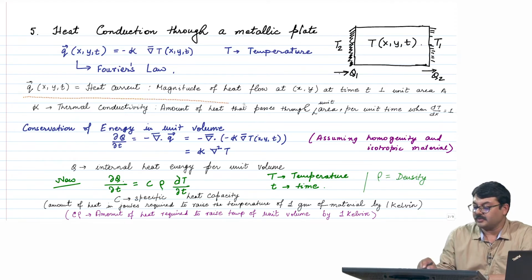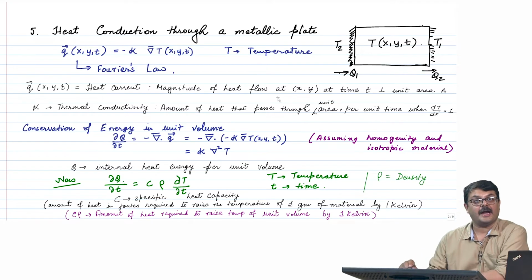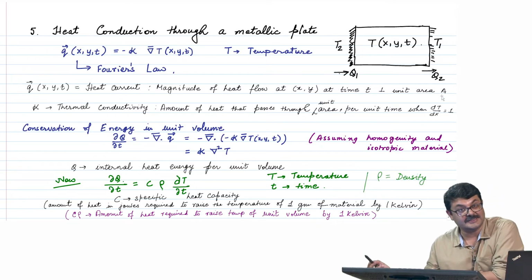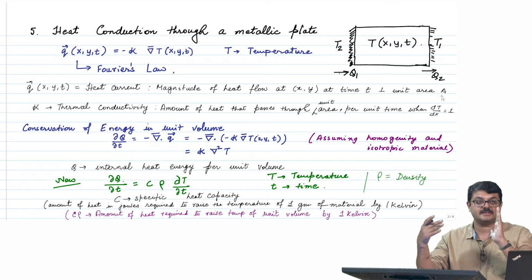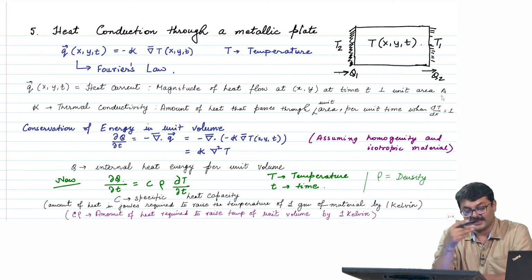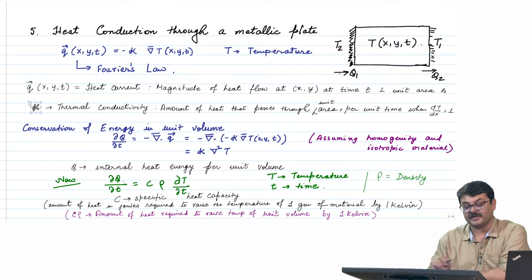And just to remind you, I have written down that q(x, y, t), the so called heat current, is nothing but the magnitude of heat flow at point x and y at time t per unit area. That is the heat current, how much heat is passing through a unit area at time t, and that is a function of x, y and t. Kappa is the thermal conductivity. What is thermal conductivity?